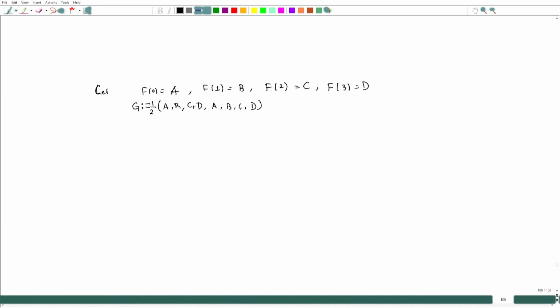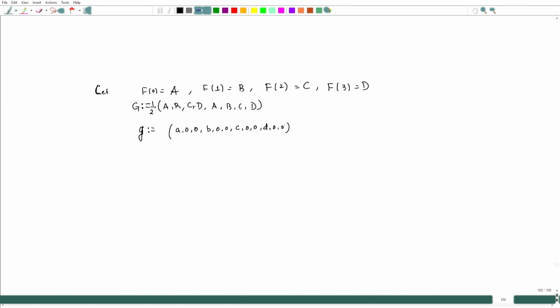Similarly, if I define my g to be: let us say I add 2 more zeros, a 0 0, b 0 0, c 0 0, and d 0 0.